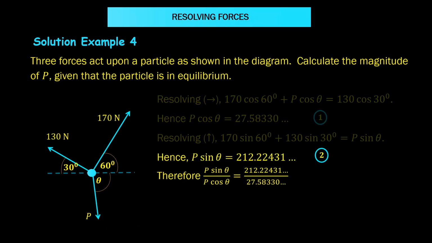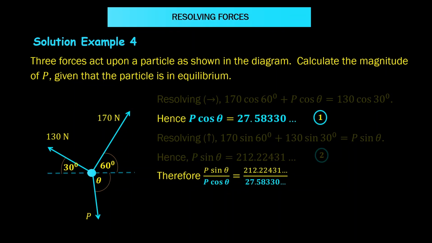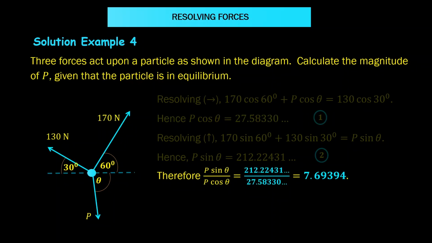So therefore now we have P sine theta over P cos theta equals 7.69394.